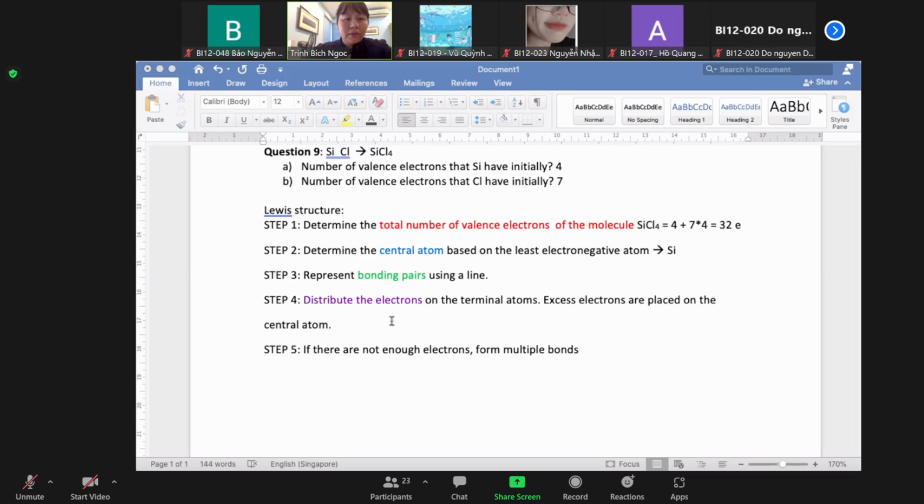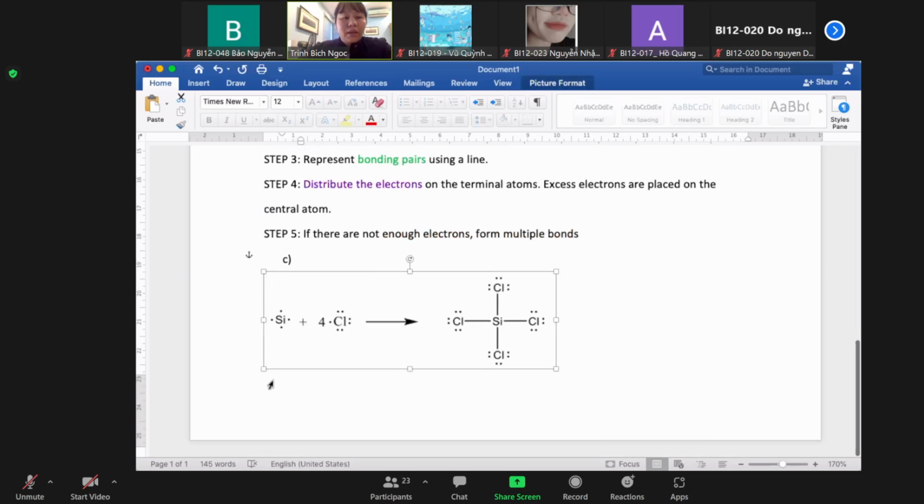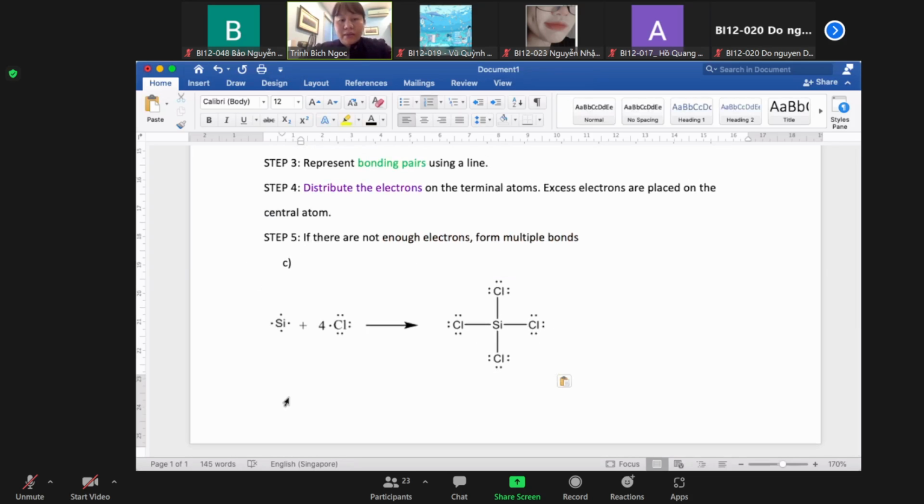This is exercise 9. It will be like this. We continue, so it will be like this. And then we can answer questions C, D, and E. How many valence electrons surround the silicon in this molecule?